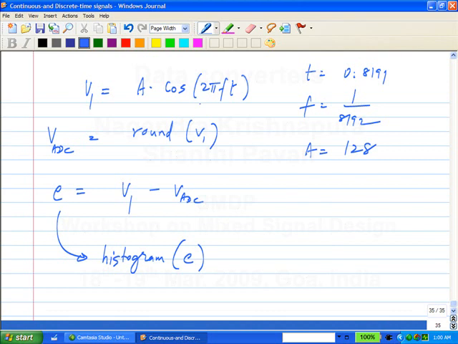For this particular example, what is the maximum value of E? What is the minimum value of E? Why 1 by 128? Is it dependent on A or is it dependent on the quantizer? What is the LSB of this ADC?